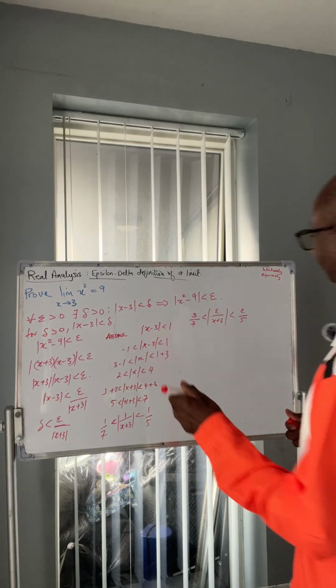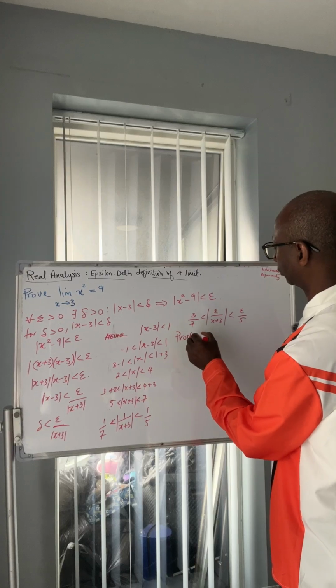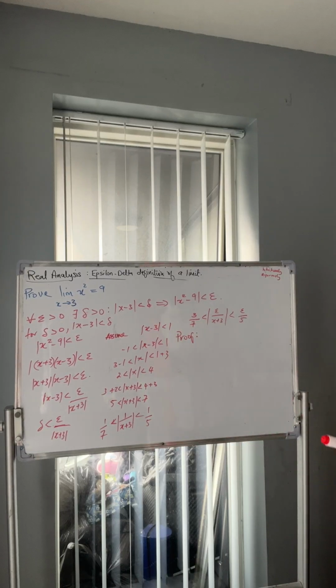Now comes the proof, after all what you have done to find a value for delta. The proof will assume that epsilon is greater than 0.